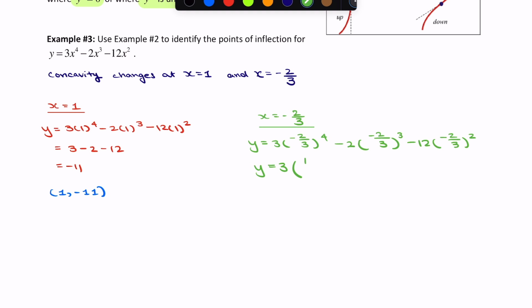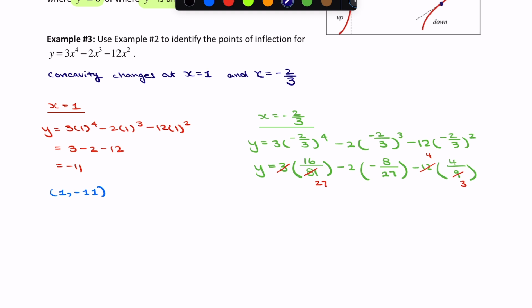So here 2 to the power 4 is 16, 3 to the power of 4 is 81. Here we have -2, and because it's an odd exponent, the negative will stay. So 2 to the power 3 is 8, 3 to the power 3 is 27, so -8/27. And here another even exponent, so it's squared. So 2 squared is 4, 3 squared is 9. And here we can simplify. So the 3 and 81 can simplify, and the 12 and 9 can simplify to 4 and 3.